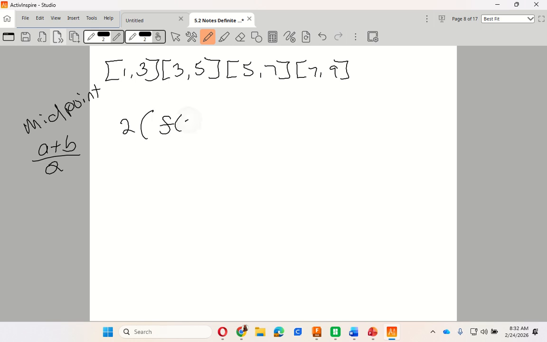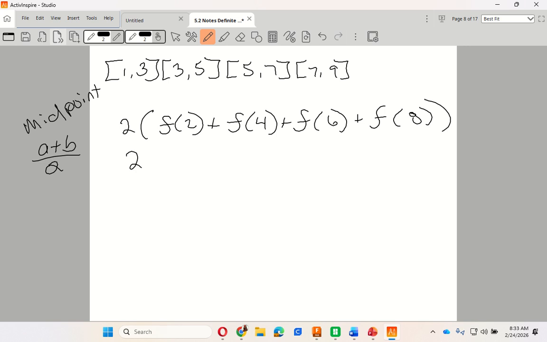And then it's 2 times f of 2 plus f of 4, f of 6, f of 8. So that's going to give me 1, 1, 9, 25, 49, which adds to 36. Times 2 is 72. All right. Is that what you got? 72?